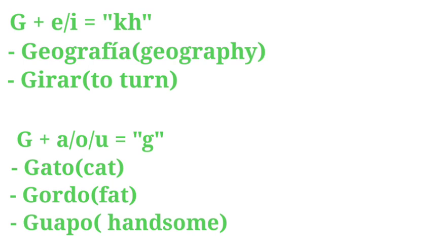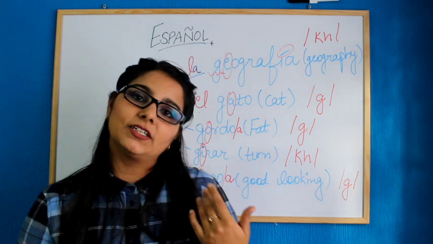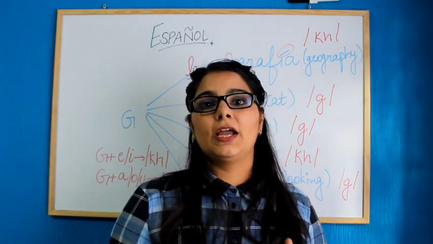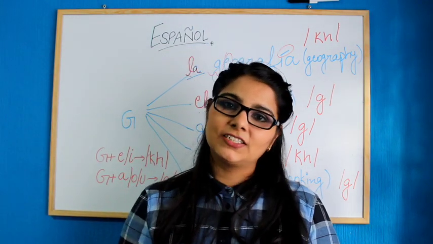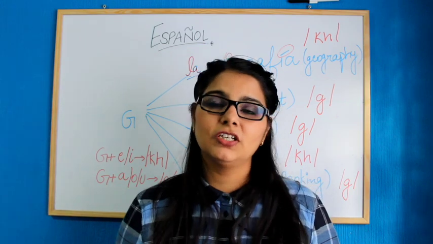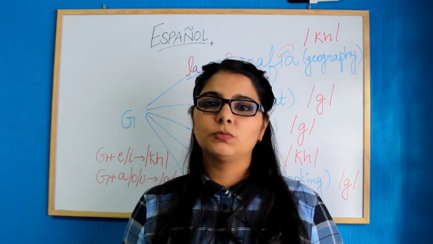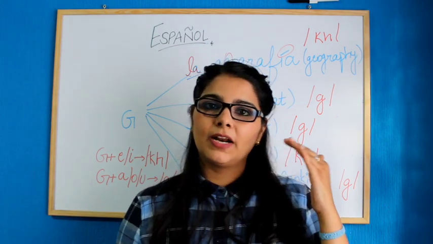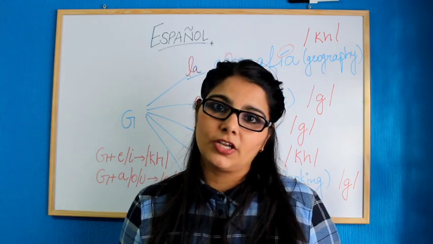Okay, so these are the rules, and after doing this entire functioning, how G changes its sounds or how letter C changes its sound, I want to tell you one thing, that initially the system, how they change their pronunciation, looks very complicated, and you must be wondering how you'll be able to remember and maintain the fluency while talking.